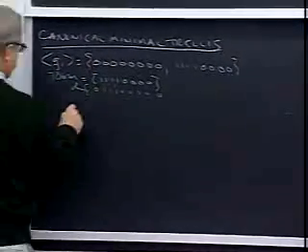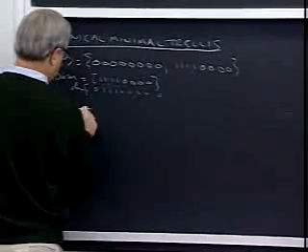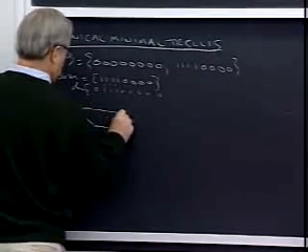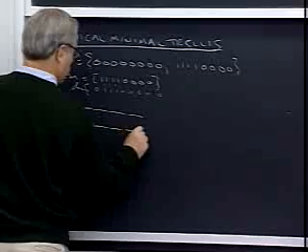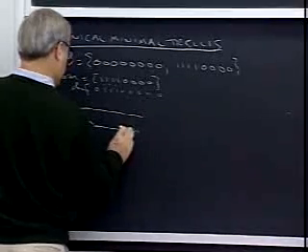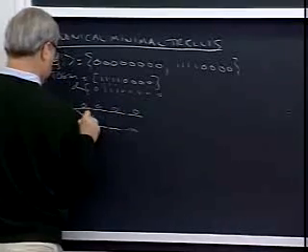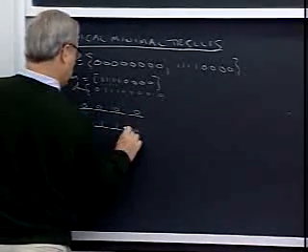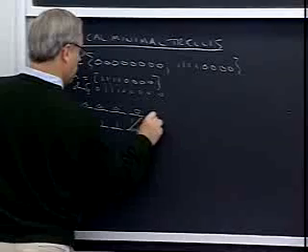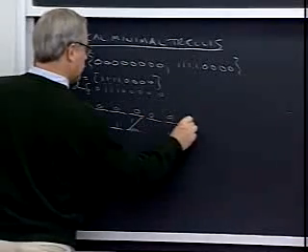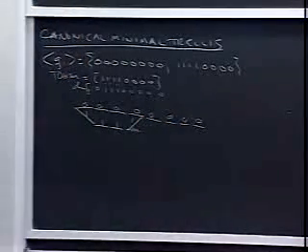And you can easily see what a minimal trellis looks like: 0, 0, 0, 0, 1, 1, 1, 1, 0, 0, 0, 0.